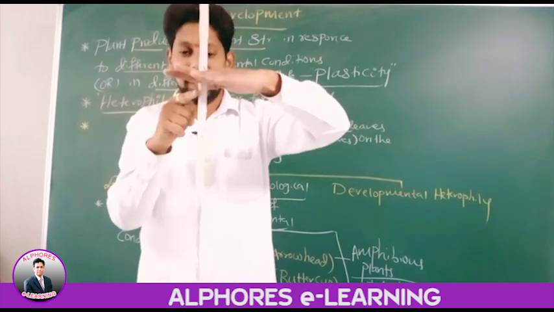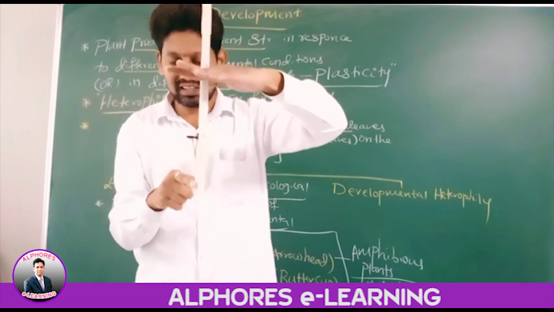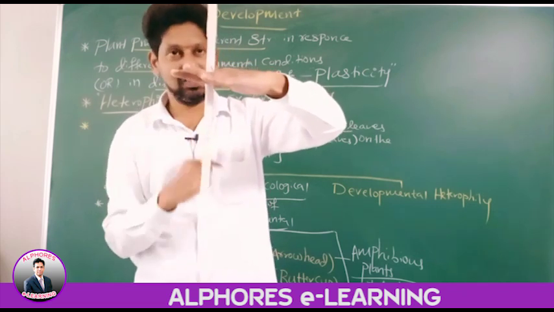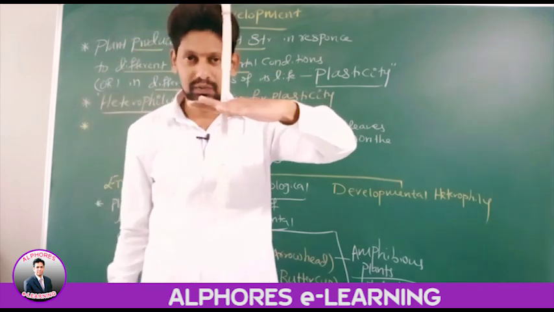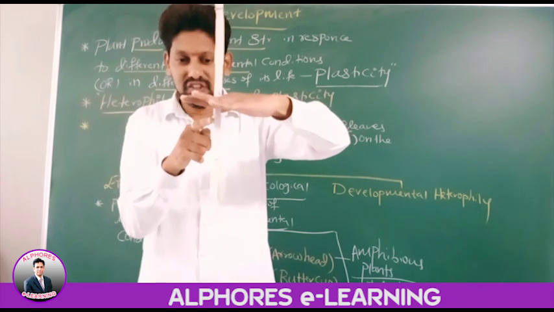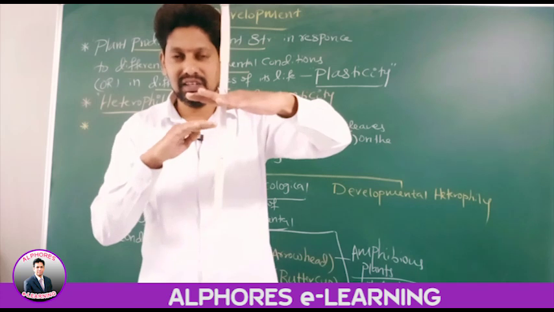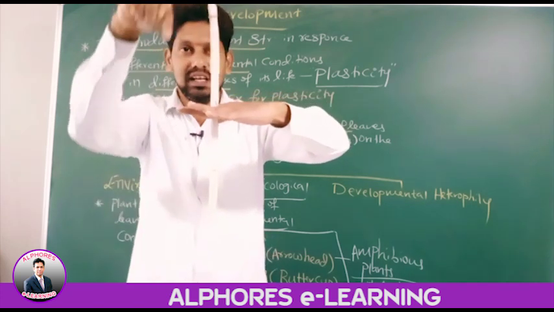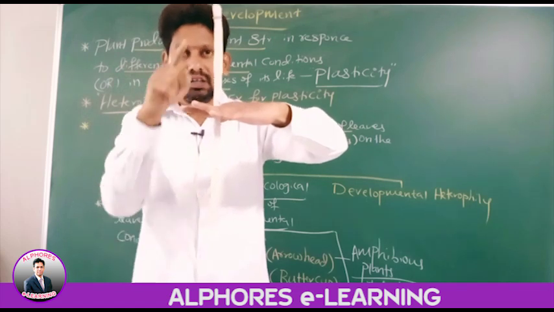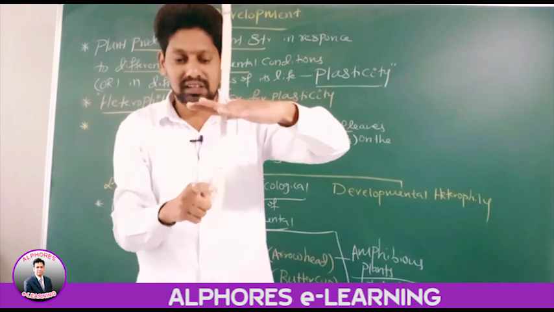This part of the plant is below the water surface, the submerged part of the plant. This is above the water surface, the aerial part of the plant. Sir, submerged leaves are completely dissected. Dissected means cut. These are normal leaves, these are aerial leaves. Therefore, aerial leaves are normal, whereas submerged leaves are dissected.